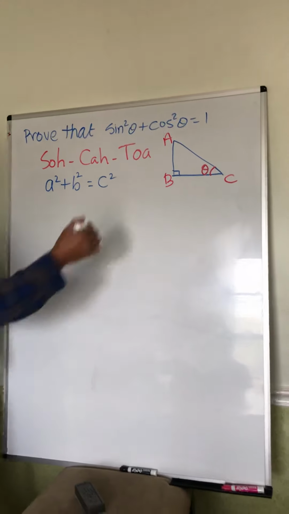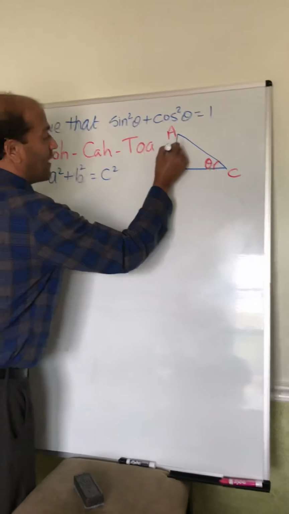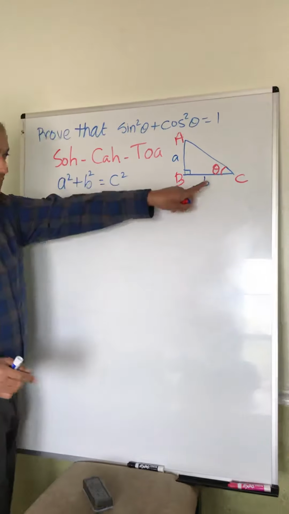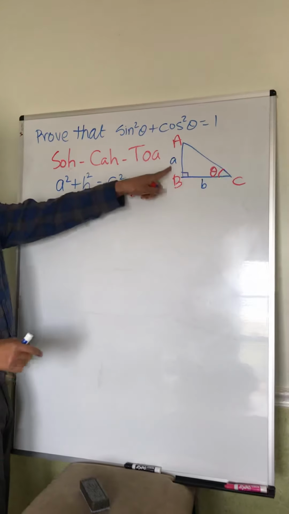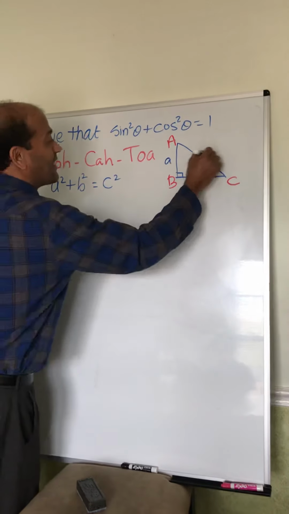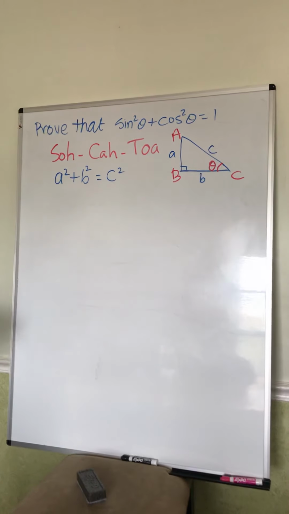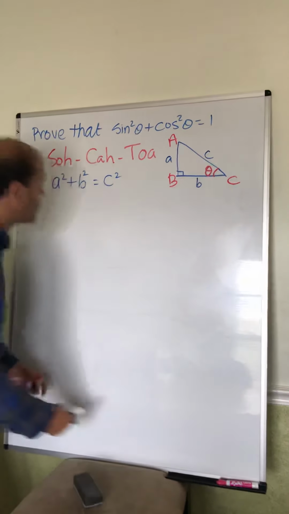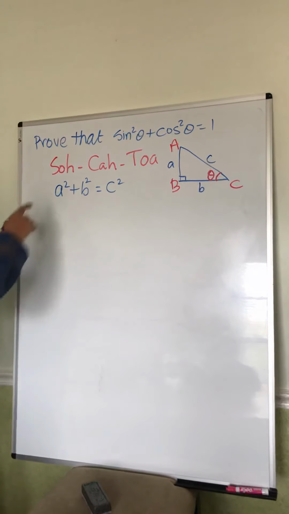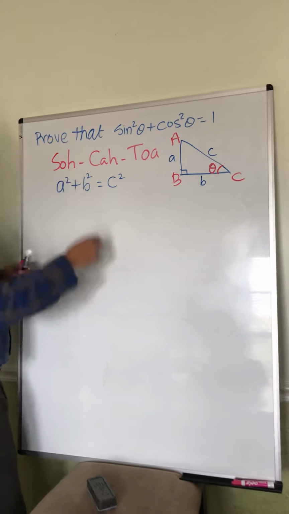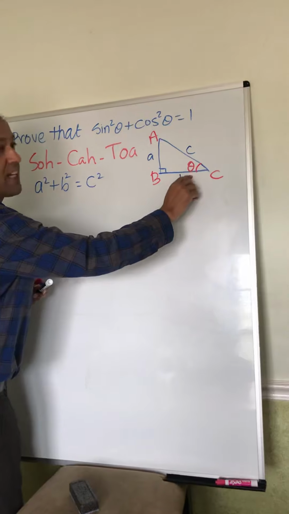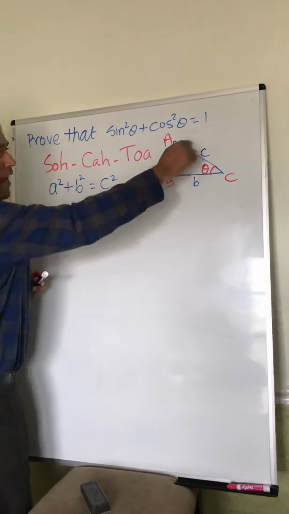Let's say this leg is A and this leg is B. It doesn't matter which goes where. The hypotenuse is C. Now I'm going to use SOHCAHTOA for sine: opposite over hypotenuse. Sine of angle theta equals opposite over hypotenuse.